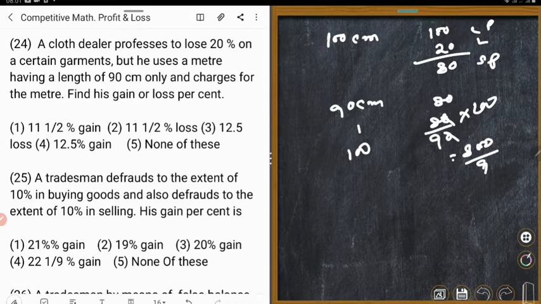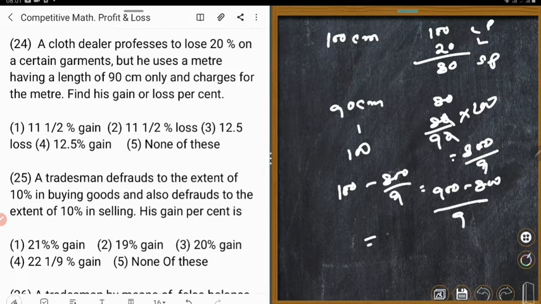So let's see profit or loss. 100 minus 800 by 9 is equal to how many? 900 minus 800 is equal to 100 by 9. Could you understand? Find his gain or loss percent. Loss or profit, tell me. Loss. It is 11, 9 11 the 99, remainder 1, 1 by 9% loss. 11 1/9%.